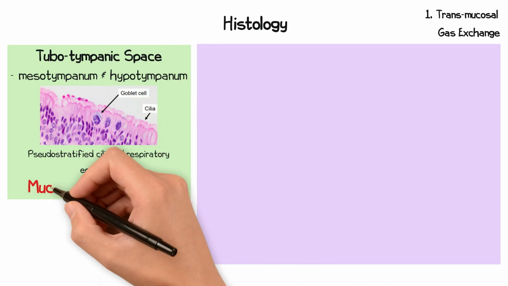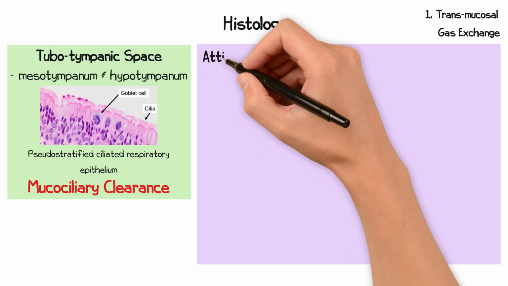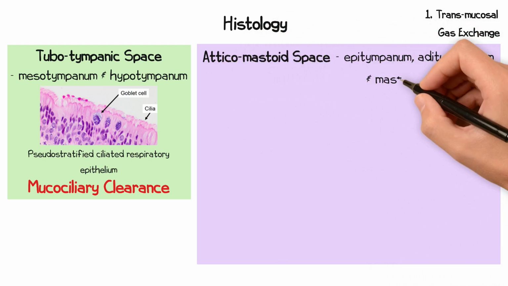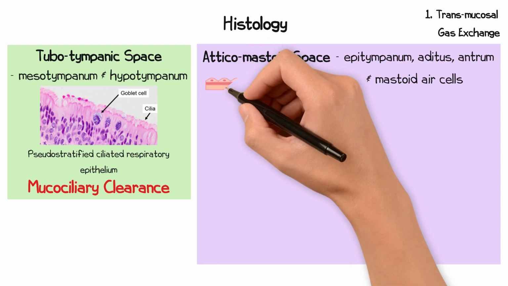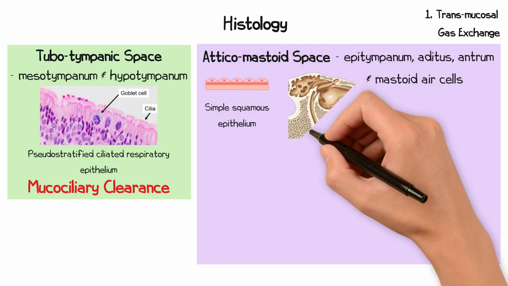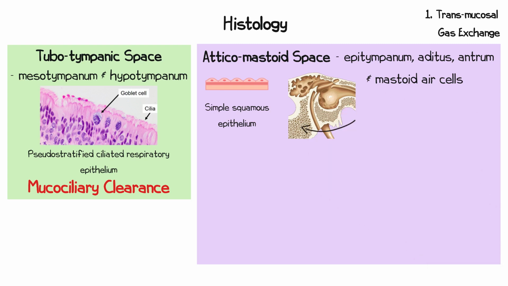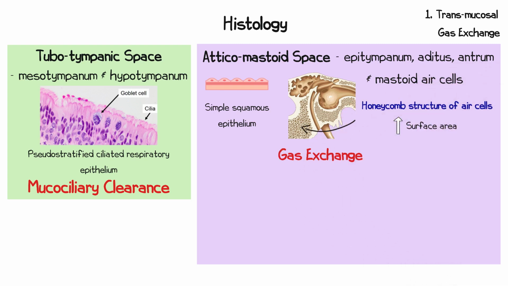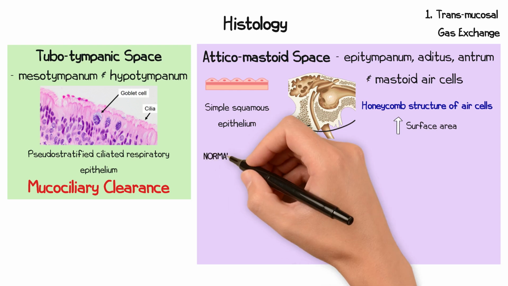Its role is primarily mucociliary clearance. The atticomastoid space, including the epitympanum, adytus, antrum, and mastoid air cells, is lined by flattened simple squamous epithelium optimized for gas exchange. In the mastoid, the honeycomb structure of the air cells increases the surface area available for gas exchange, much like alveoli in the lungs.